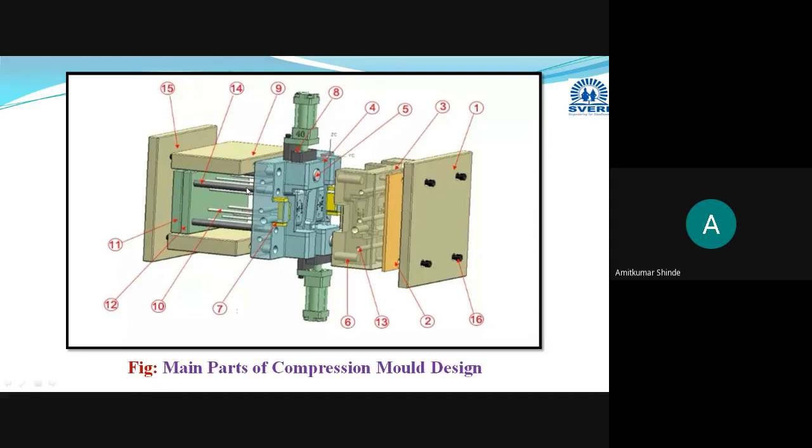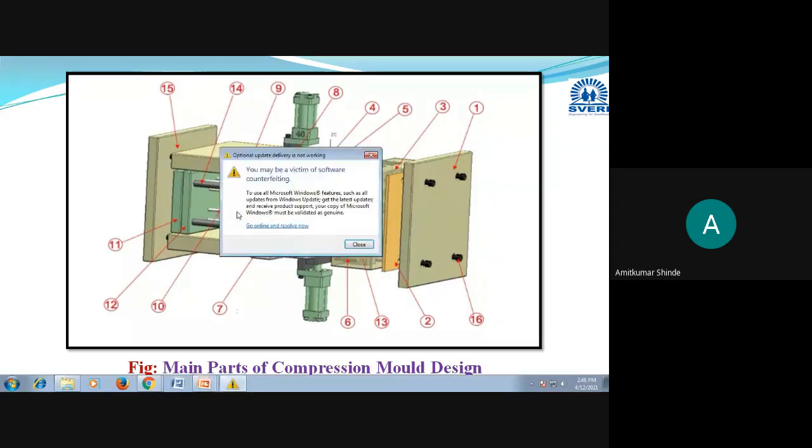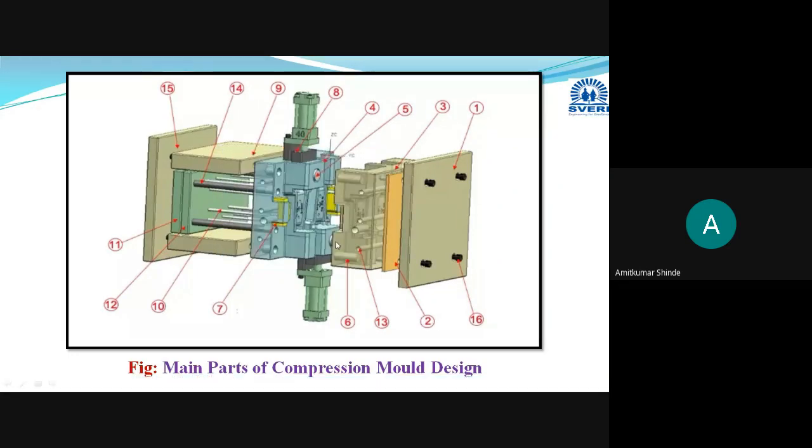What is the function of this return pin or pushback pin? It will help you to bring back the ejector pins. After the ejector pins eject the molded part from the mold cavity, their position gets changed, and to bring them back to their initial position or home position, these return pins or pushback pins are used.